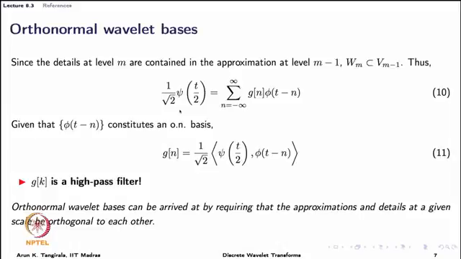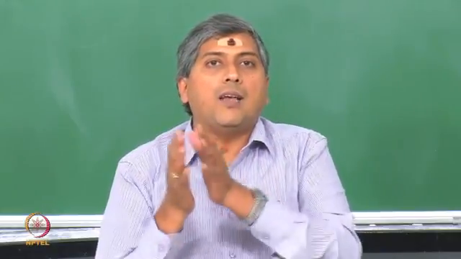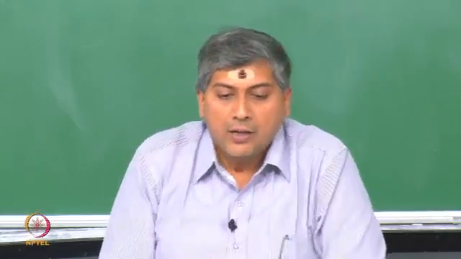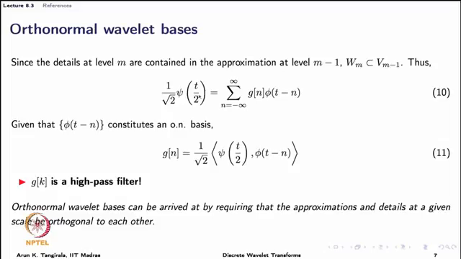Once again, as we argued earlier, what this means is the basis functions for Wm can be expressed as a linear combination of the basis functions in Vm minus 1. So, the basis functions for Wm, let us say m equals 1. So, W1 is a subspace of V naught.